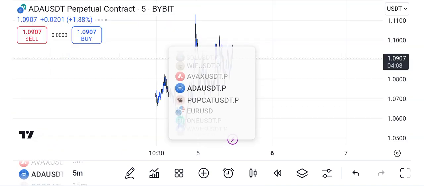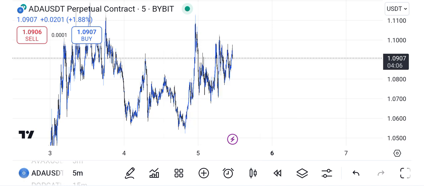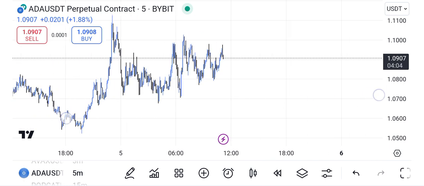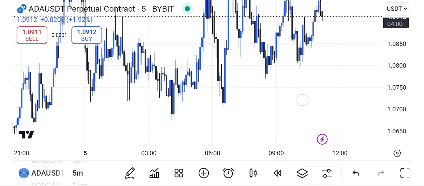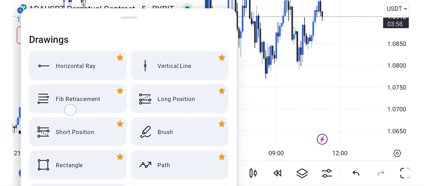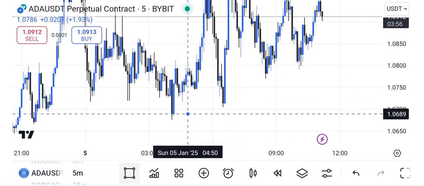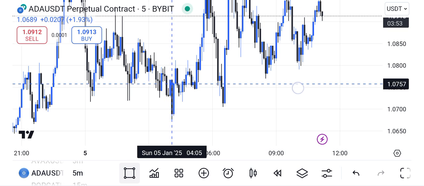And if I go through a lot of charts for you, you just see that this concept plays out over and over again. Let's look at this one here. From this point, this is where we had the push here.